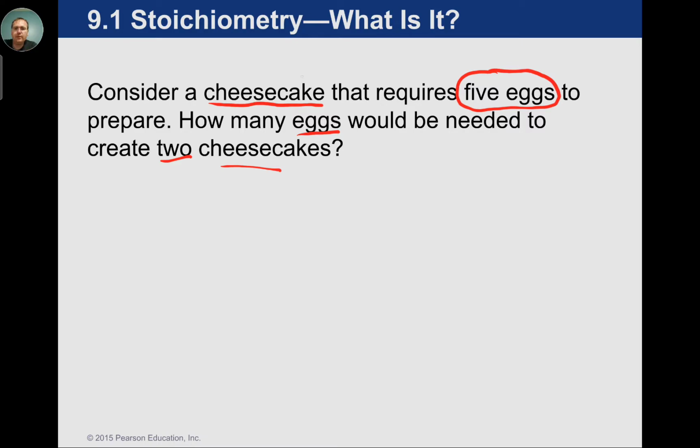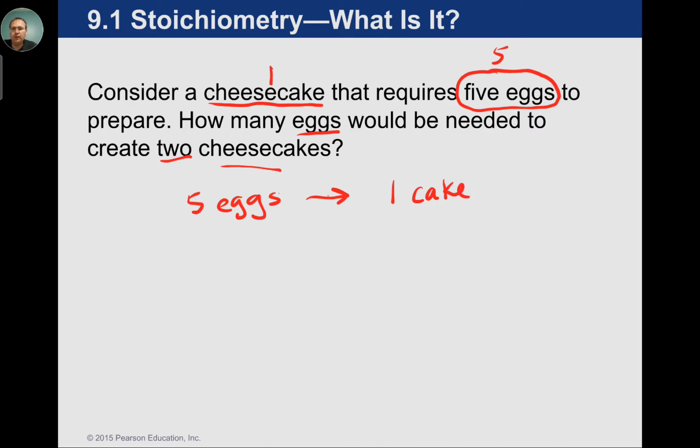Well, really this 1 cheesecake to 5 eggs is just a ratio. No different than coefficients in a balanced chemical equation. So really what we have here is 5 eggs produces 1 cake, right?